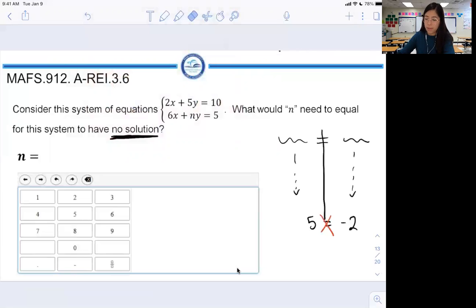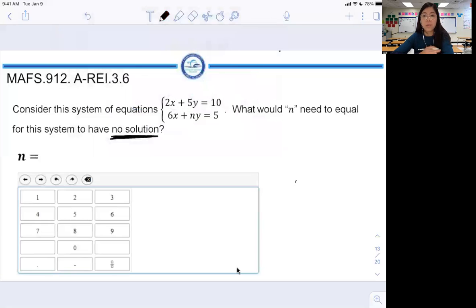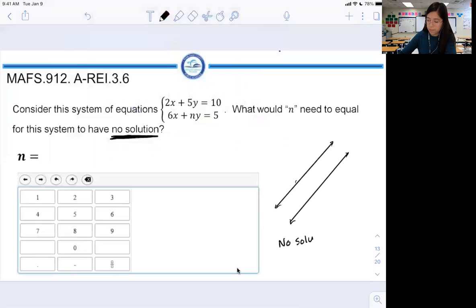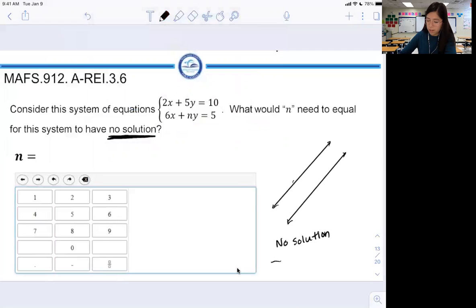But on a graph, if I graph a system of equations and it has no solutions, that means the two lines are parallel. So no solution is the same thing as parallel lines.